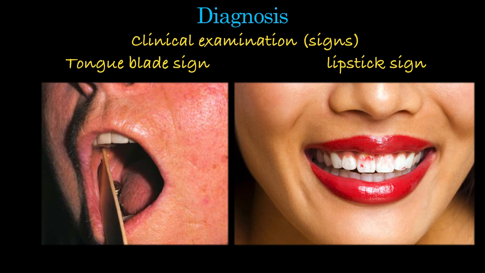So this is the tongue blade sign, which is more applicable, and we have the lipstick sign, which is, I think, not that applicable in our society. But if the patient uses lipstick, you will find the colored shed epithelial cells deposited on the labial surface of the anterior teeth.